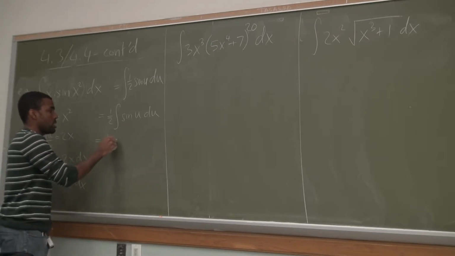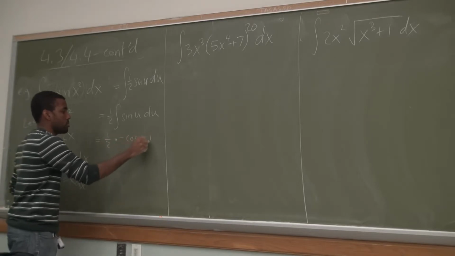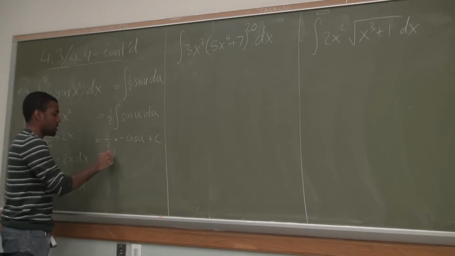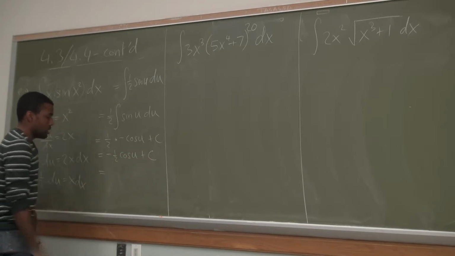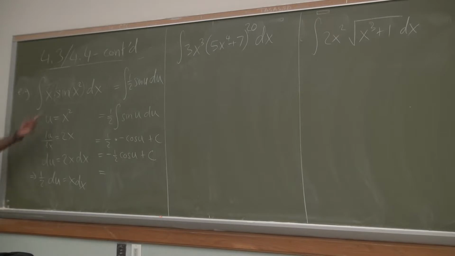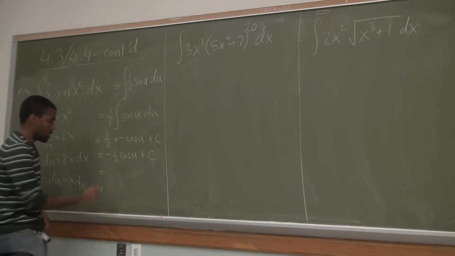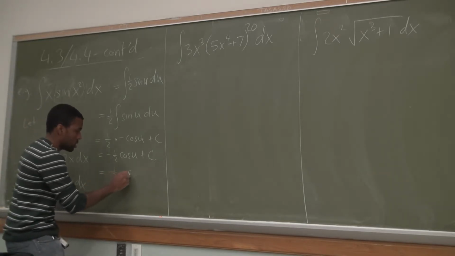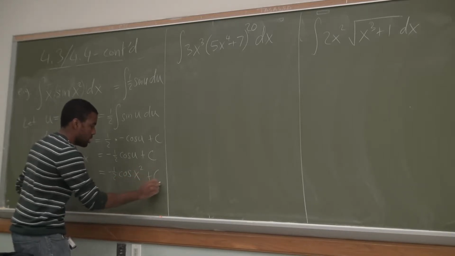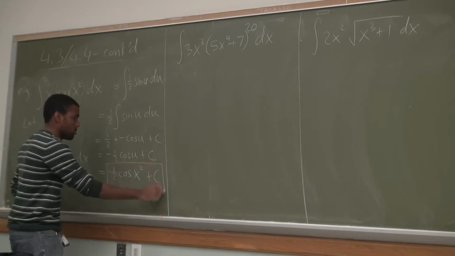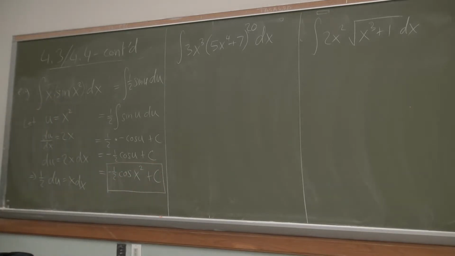So the integral of sine is minus cosine. So this gives us minus 1/2 cosine u plus c. And now we have to replace u with what its original value was. So it's minus 1/2 cosine of x squared plus c. And you can check that if you differentiate this, you will actually get that.